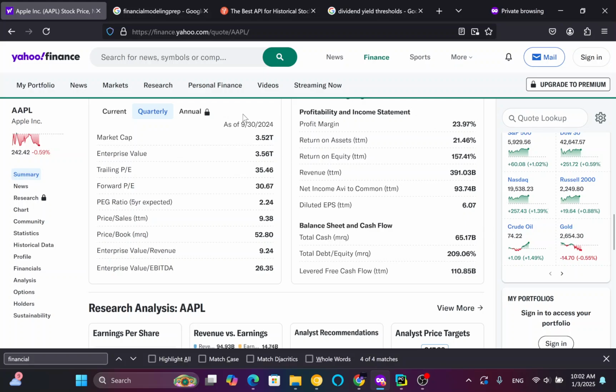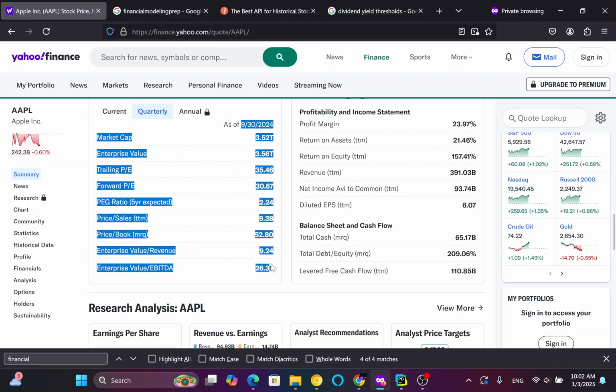Those are quarterly results as of the end of quarter 3, which is September 30, 2024. We will expect something for quarter 4 in the upcoming days, and also an annual one, but annual is not available for Yahoo Finance unregistered users, as we are now.